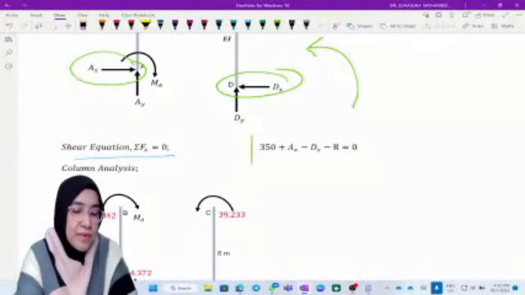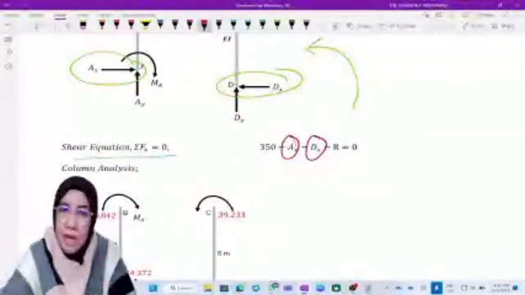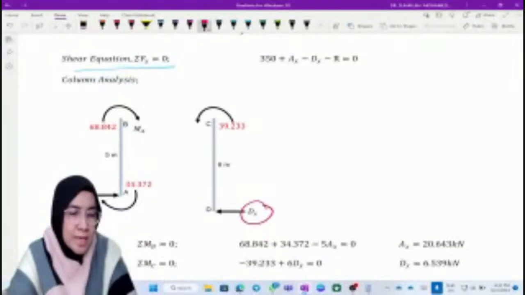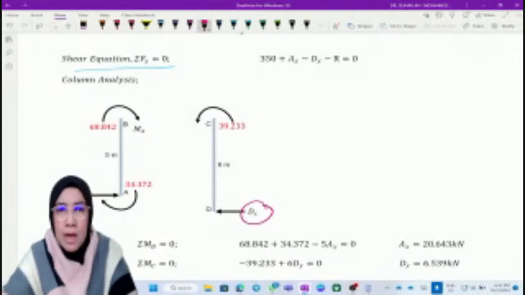We want to calculate AX and DX, and these two can be determined by taking out the columns separately.